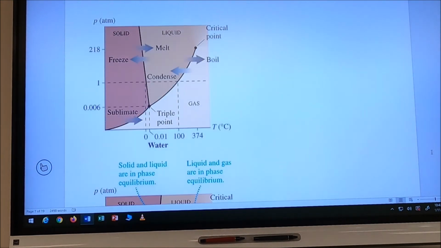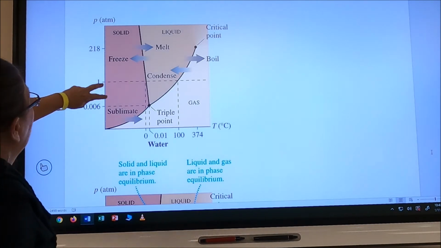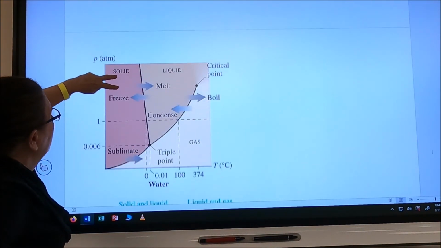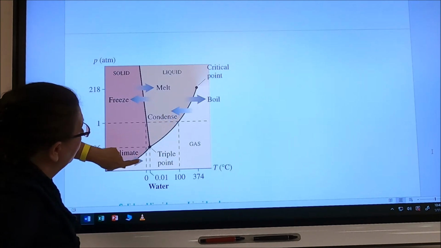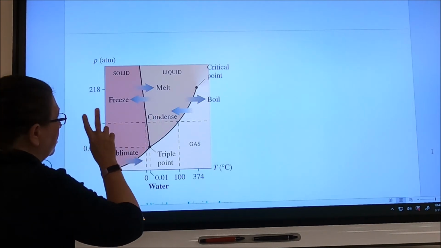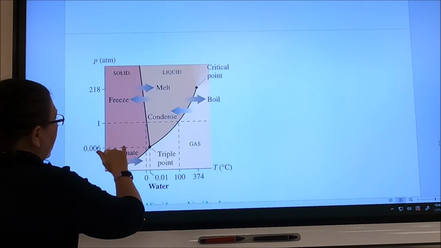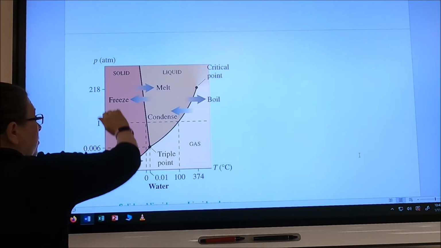Okay? Now, here's a phase diagram for water. Okay? In this region, the dark brown, that's where we have solid water. Okay? This region under here, gaseous water, and in between you have liquid water. Now I want you to notice solid's going to occur where the temperature is lower, pressure is higher.